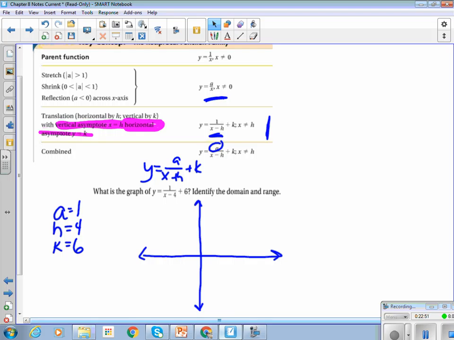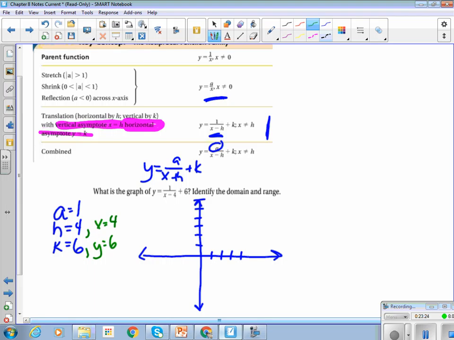So my vertical asymptote is at x equals 4, and my horizontal asymptote is at y equals 6. So I'm going to throw those down on my graph. So 1, 2, 3, 4, 1, 2, 3, 4, 5, 6.